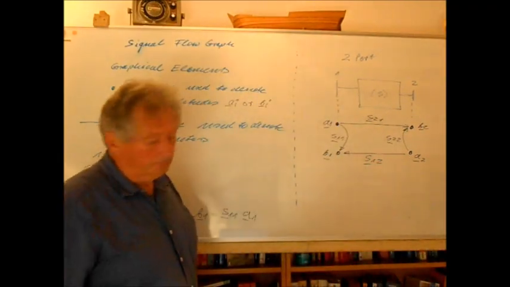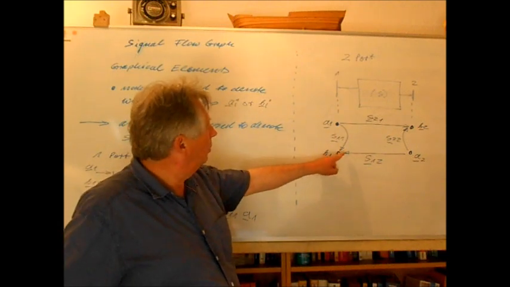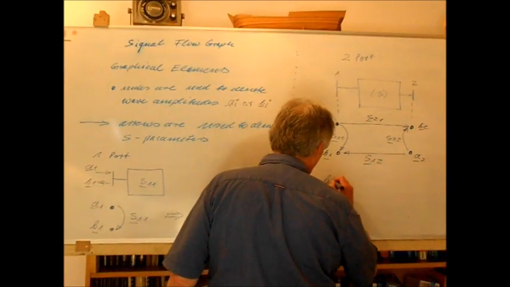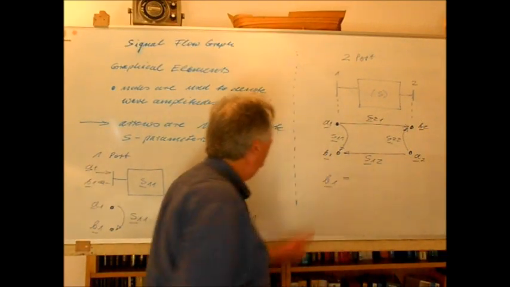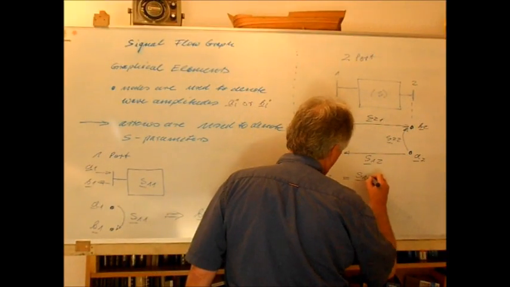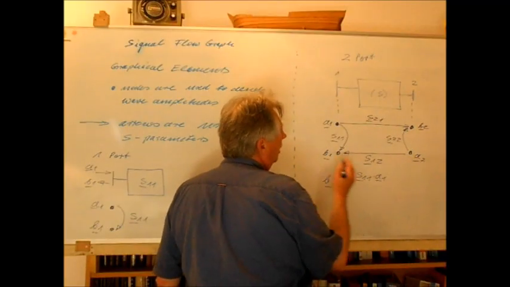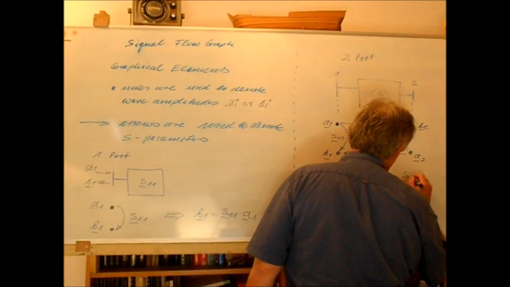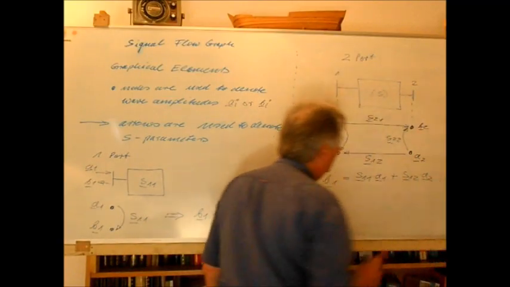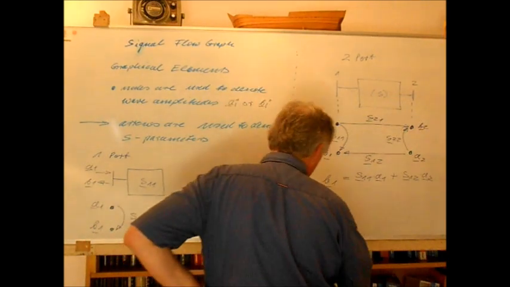So to get the equation describing a two-port, we just have to look at the node, and we see here that B1 is given by the addition of S11 times A1 plus now S12 times A2.